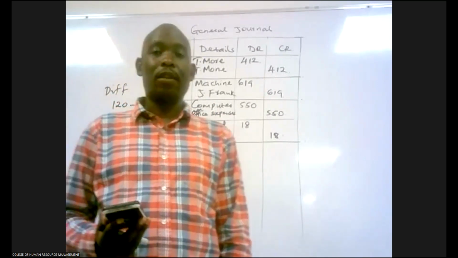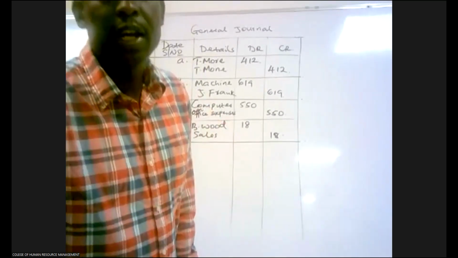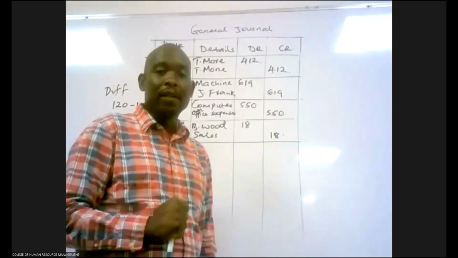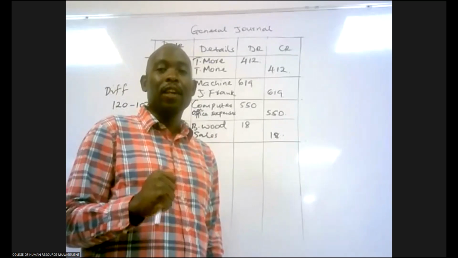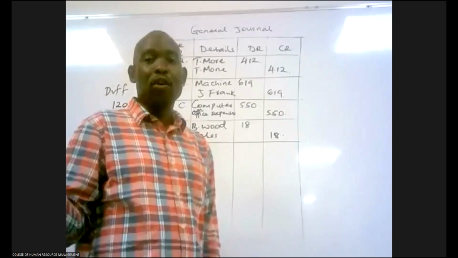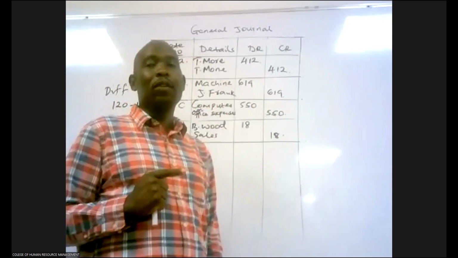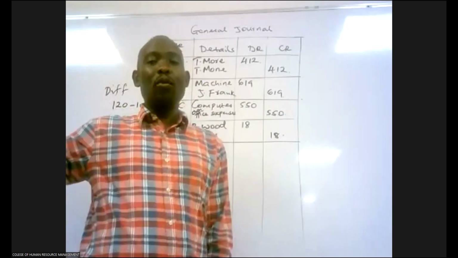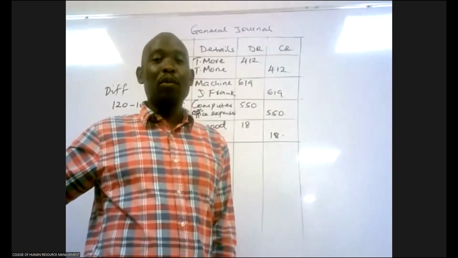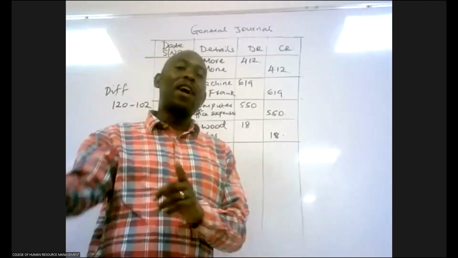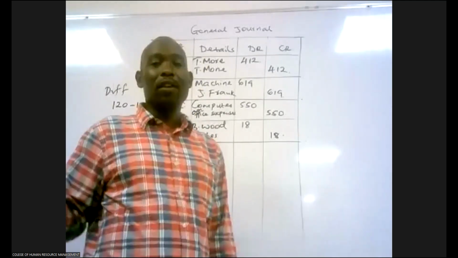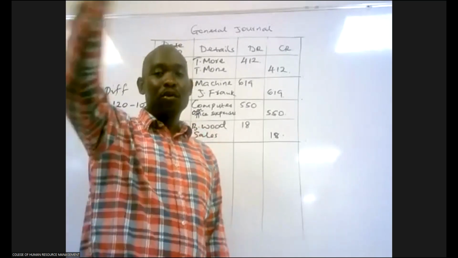So how do we do that? We shall credit the correct account, which is commission received. But for sales, it has got a wrong credit. It was credited on behalf of commission received. Because it was credited wrongly, we reverse by debiting. To reverse a wrong credit, you debit.